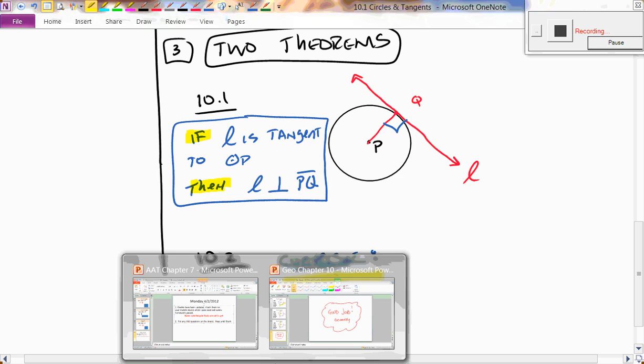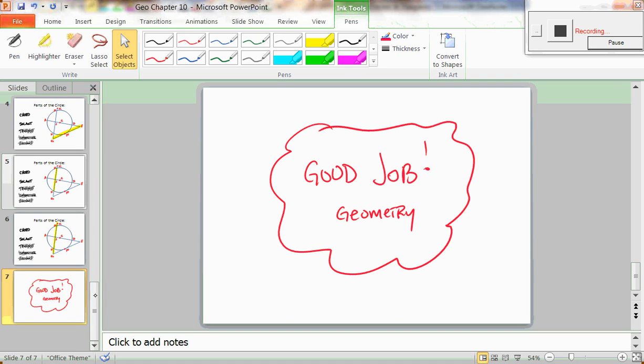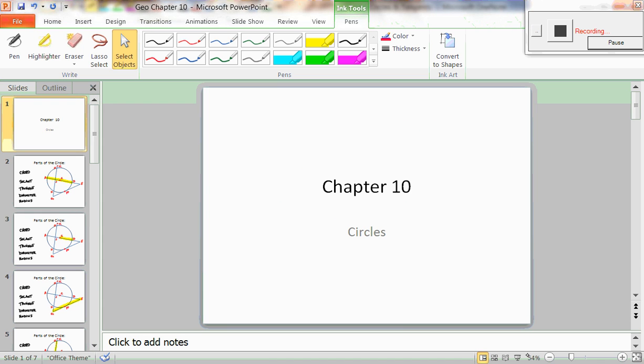All right, here's what I want to do. I want to do a little whiteboard activity with you. So go ahead and grab your whiteboards. I'm going to show you a diagram, and what I want you to do is tell me what word names the piece of the diagram that I am highlighting. Okay, here's the first one.